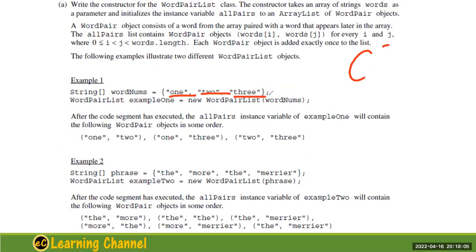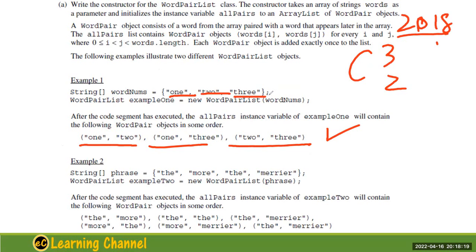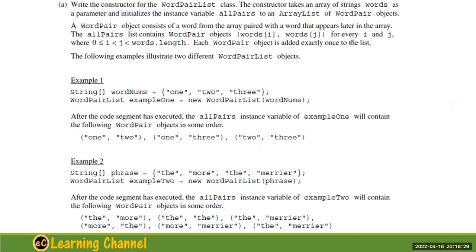You have C3 pick 2, and you end up with 1-2, 1-3, and 2-3. Is that okay? So this 2018 problem is exactly the one we are looking at. 2018 Q2 is using K-graph to solve it. Will it repeat? Yes, I would say so. It may continue to repeat.